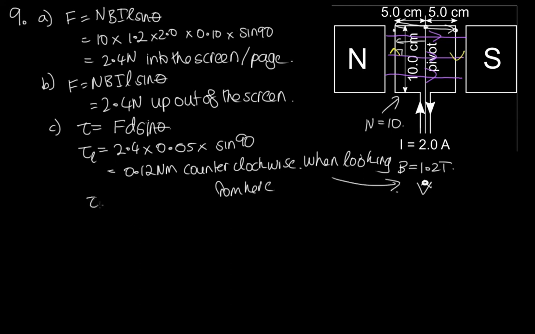And then the torque on the right hand side, the force is the same, the distance is the same, and once again this is d, and the force in this case is up out of the screen, so the angle between those two is 90 degrees. And now this one is also getting it to try and spin counterclockwise when looking from this direction.